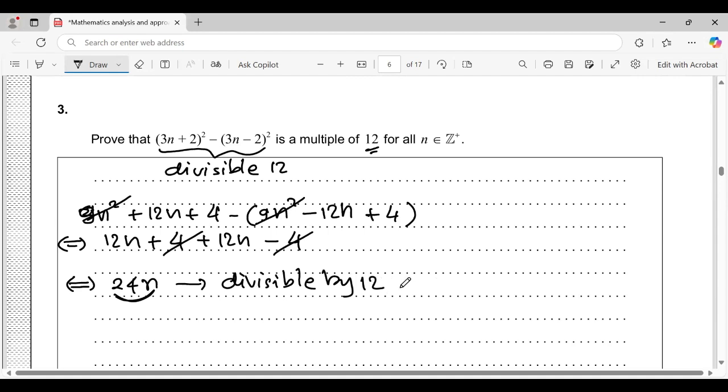If it is divisible by 12, it means we can state that 24n is a multiple of 12.